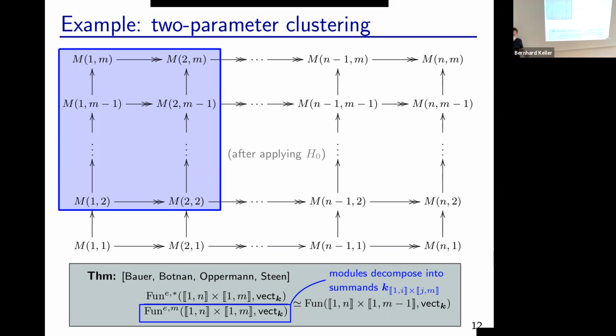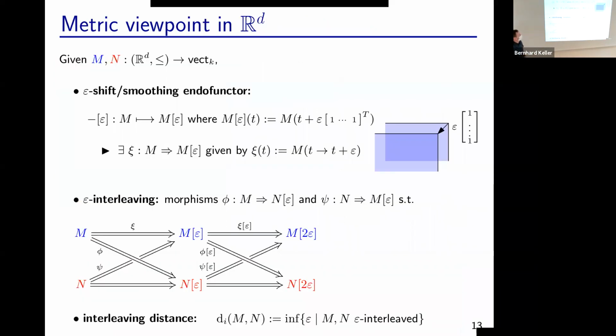Basically, you're not gaining anything in the special set. You just have as many indecomposables as you would have, but a slightly smaller grid. So that's the result. Now, in terms of the geometry, what happens?